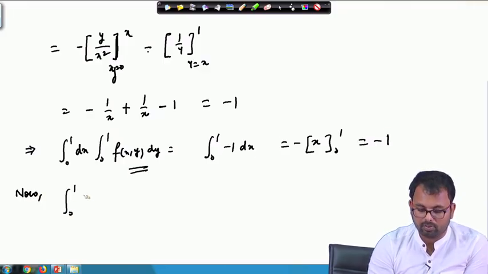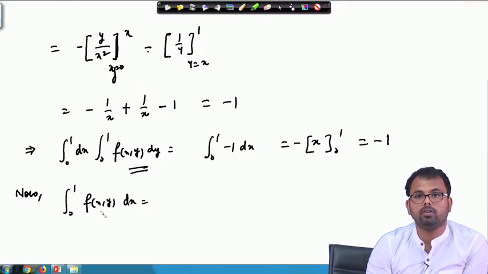Now, integral from 0 to 1 f(x,y) dx. What will be the value of this one?